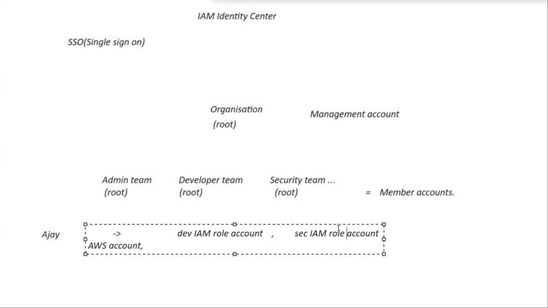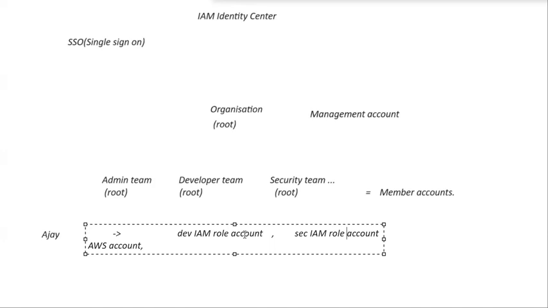How? Just go to IAM Identity Center, and for Ajay's account, attach whatever IAM roles you want. After attaching them to Ajay's AWS account, he can access the development team resources. Why? Because we attached a development team IAM role account to Ajay.